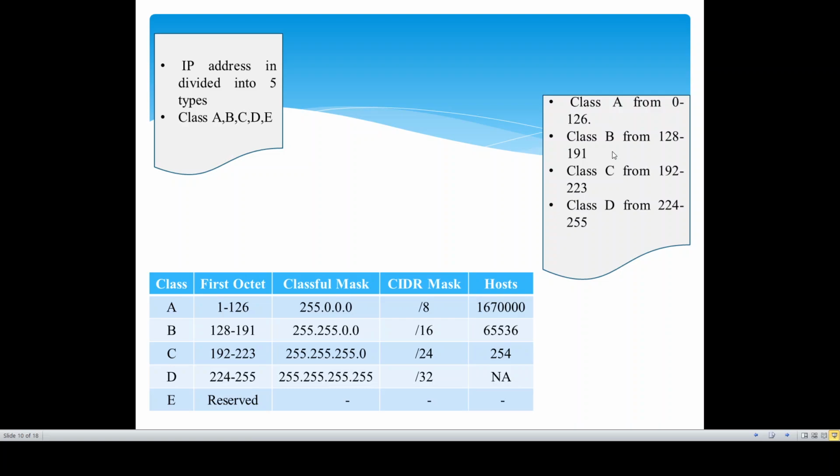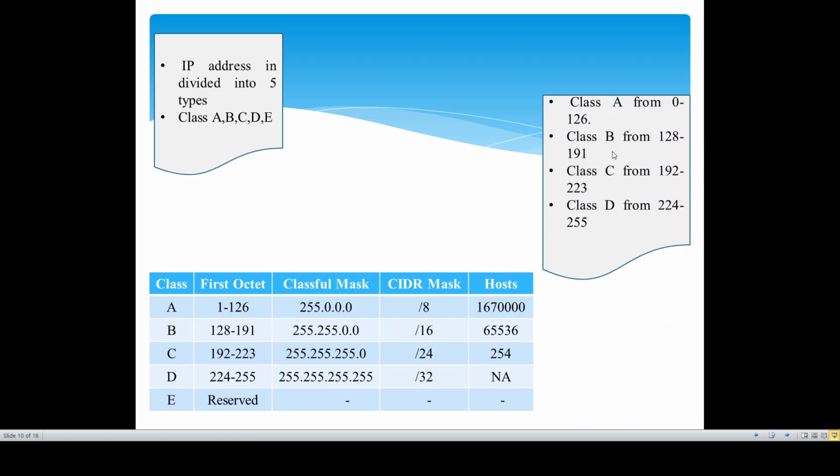The total number of devices that can be connected is 0 to 255, which is 256 devices. So multiply 256 into 256 into 256, and you will have 16.7 million hosts.